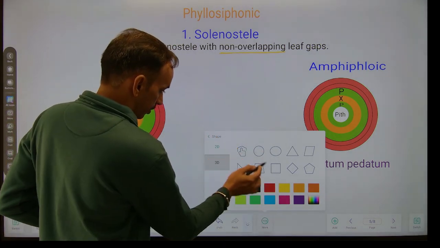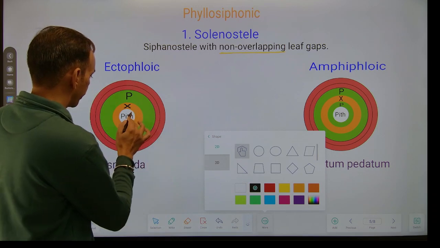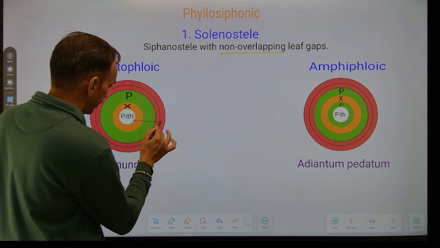सो यहां पे अपन इसको लीफ गैप्स क्रिएट कर लेते हैं.